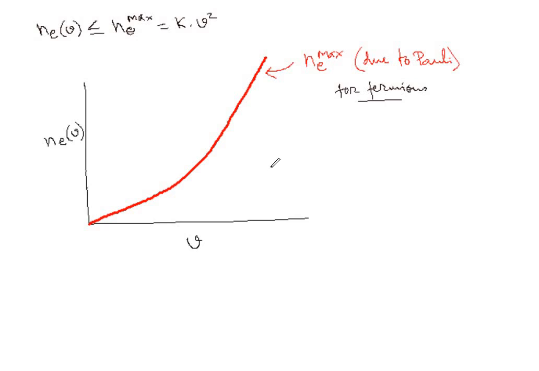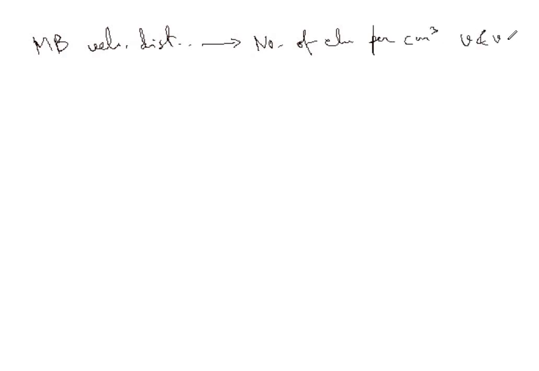Now you see what happens. Let us compare this with the Maxwell-Boltzmann distribution, to be on equal footing. The Maxwell-Boltzmann velocity distribution also gives us the number of electrons per centimeter cube having velocities between v and v plus dv, and this is the relationship.